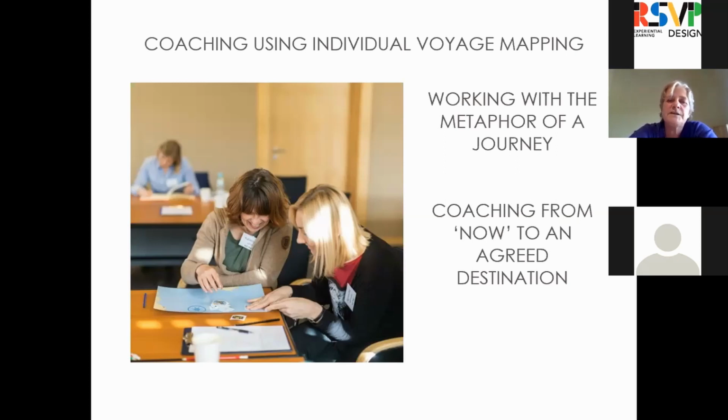This is based on a set of materials that have been designed for individual use. And it's about working with the metaphor of a journey. It's about thinking about the process of coaching someone from where they are now to a destination that they set and is agreed. And this uses some very, very simple tools.